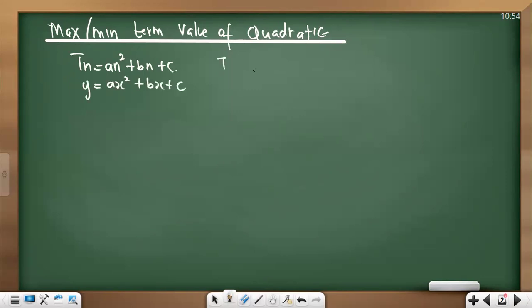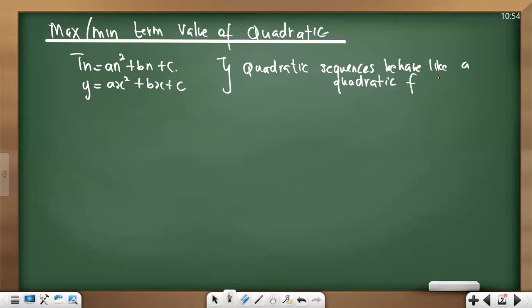Let me give you a note: a quadratic pattern, or sequence rather, behaves like a quadratic function. I hope you get what I mean. They behave the same.